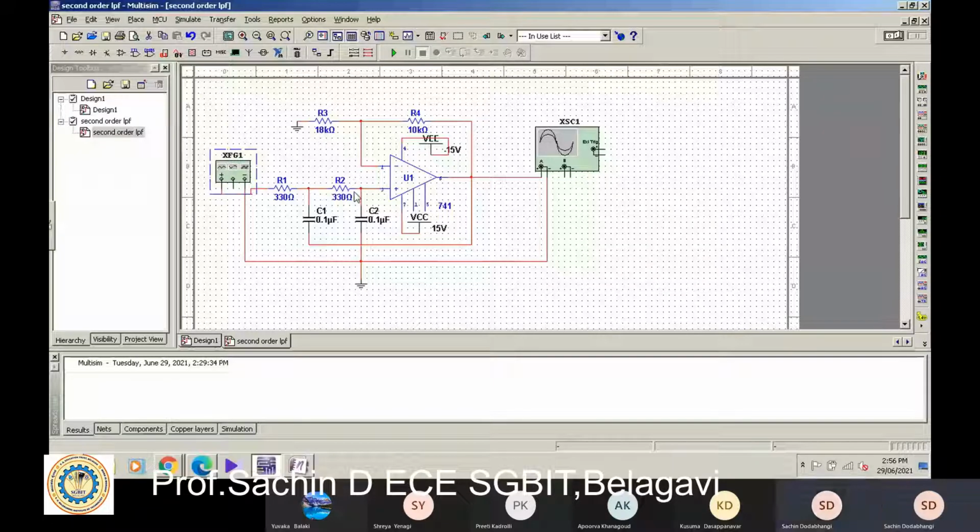Here you can look at the diagram, R3 is 18 kilo ohm and R4 is 10 kilo ohm. Output voltage will be very small, in terms of millivolts. So in order to get high output, I am taking an amplifier here, which is nothing but a differential amplifier.